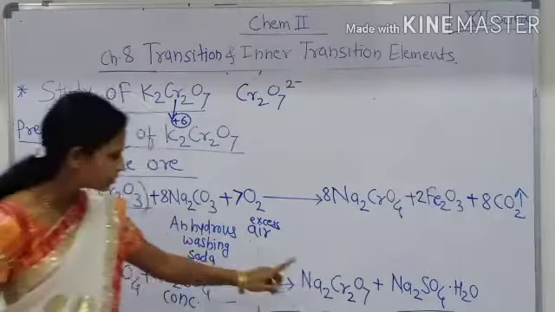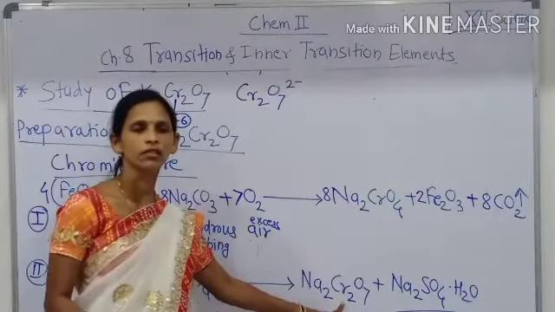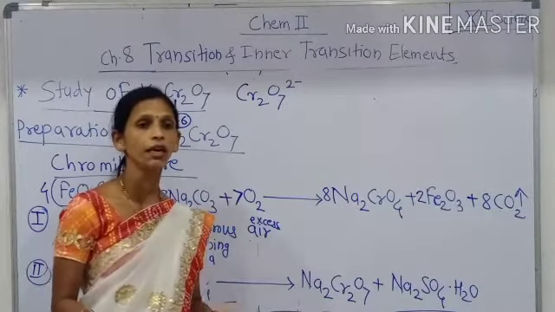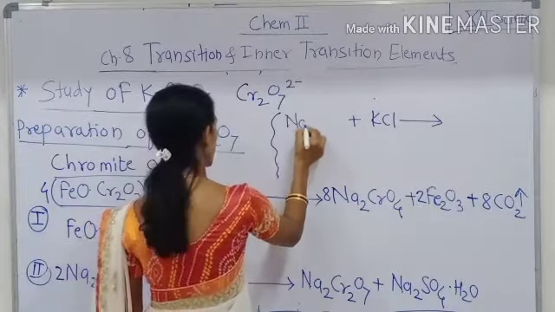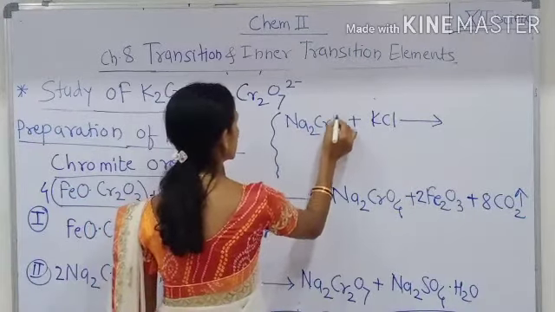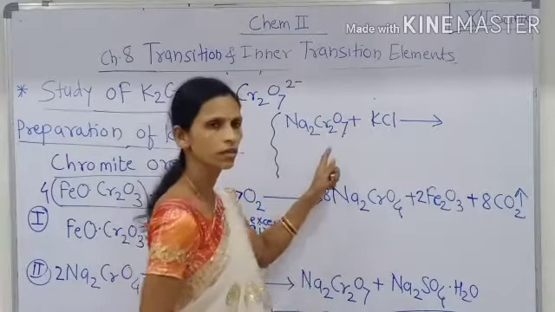The sodium dichromate obtained in the second step is heated with KCl added to it.